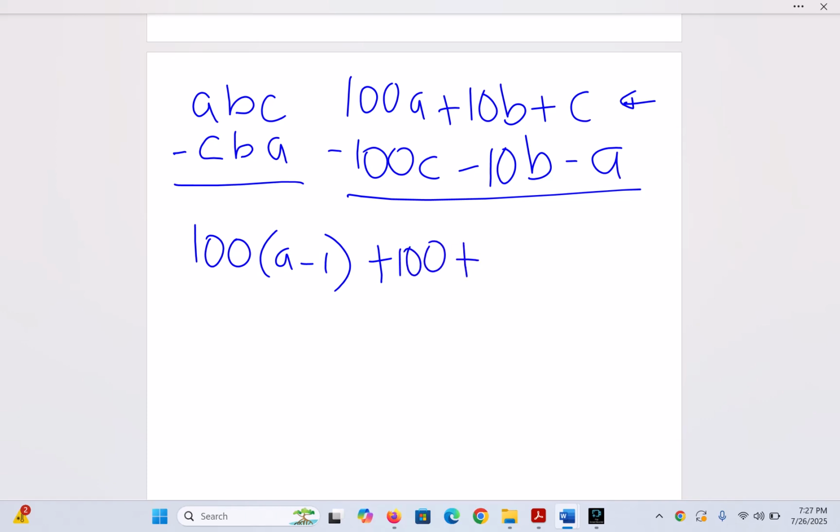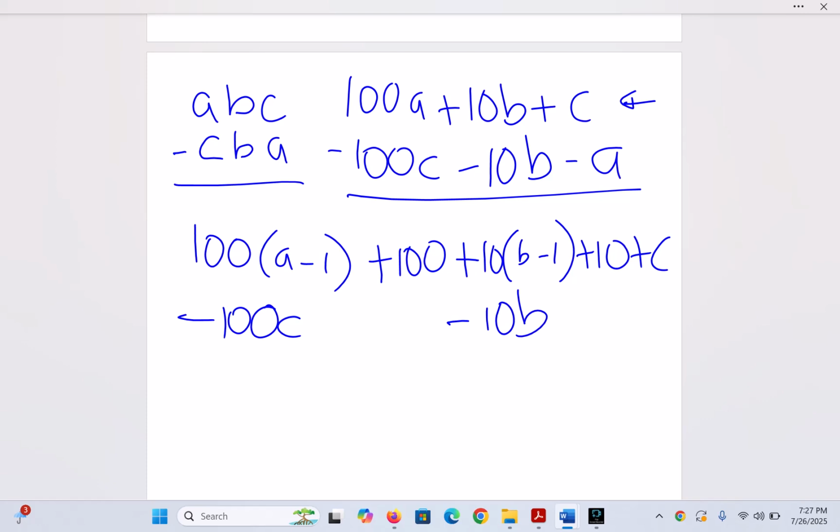Then I'm going to do the same thing with 10 with B. So it's going to be 10B minus 1. All right. And I have to add back 10. And finally plus C. Minus 100C. All right. Minus 10B. And copying the second line. Okay. This one. The minus A.